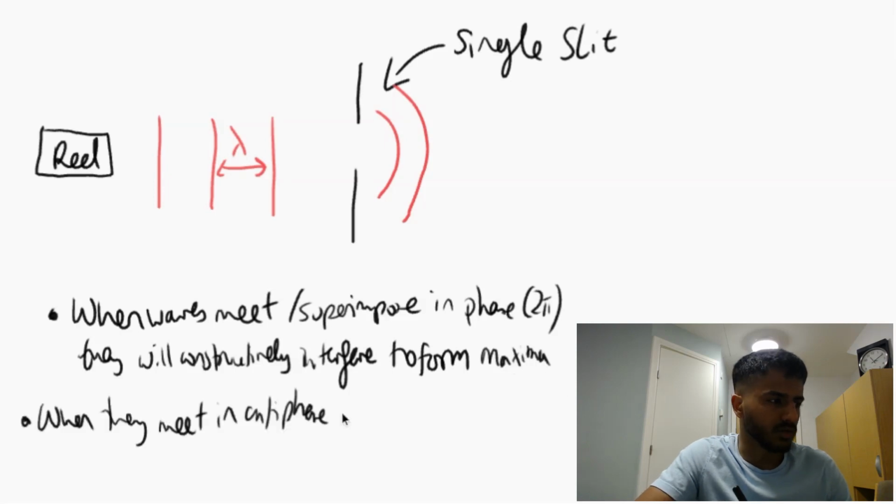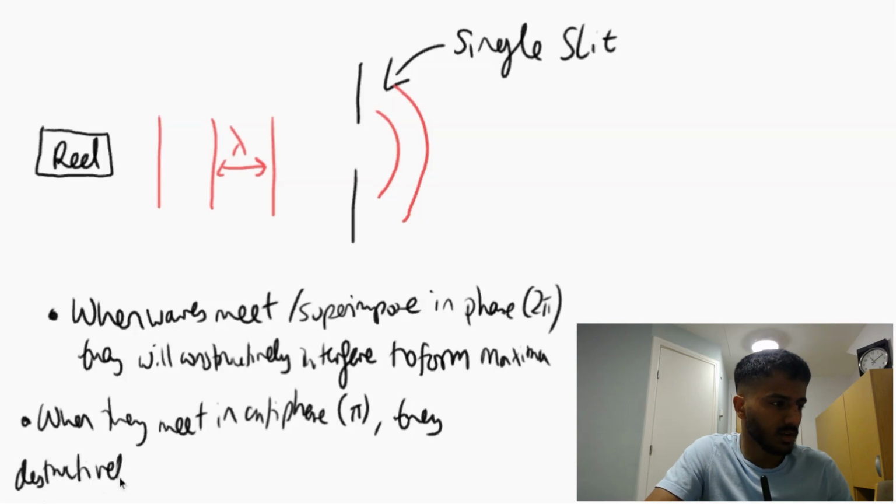And the opposite goes for when they meet in antiphase. So that means it's a phase difference of pi. They destructively interfere to form minima.